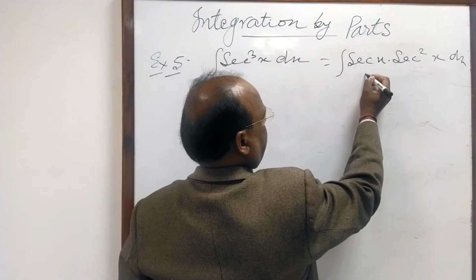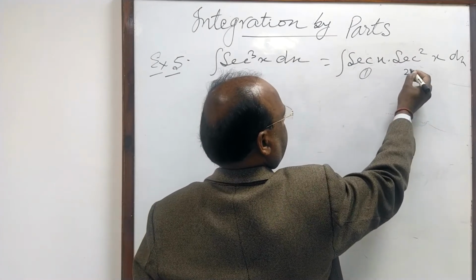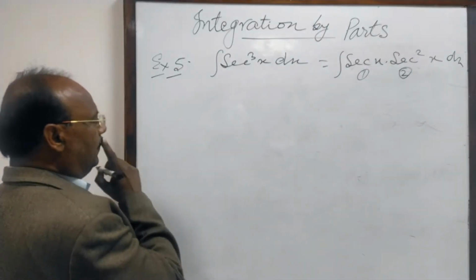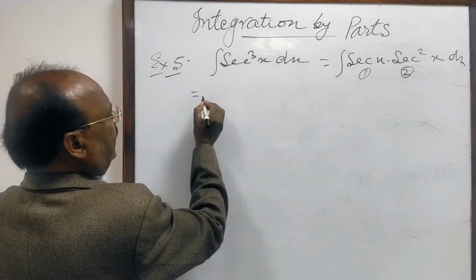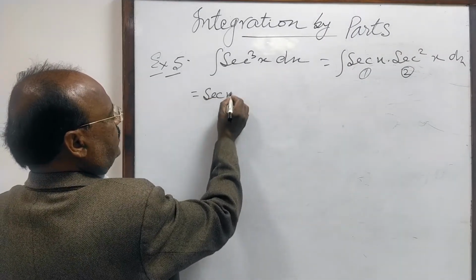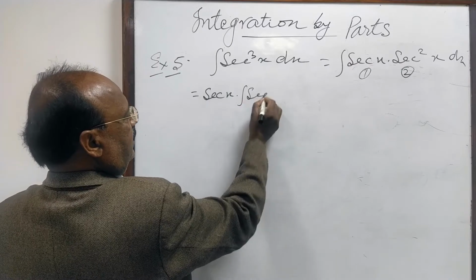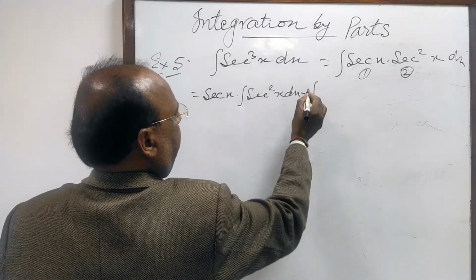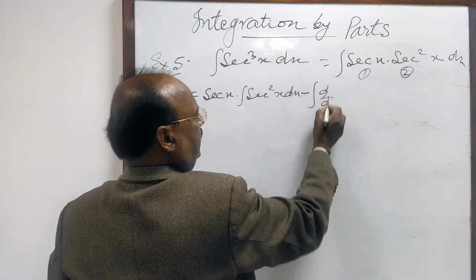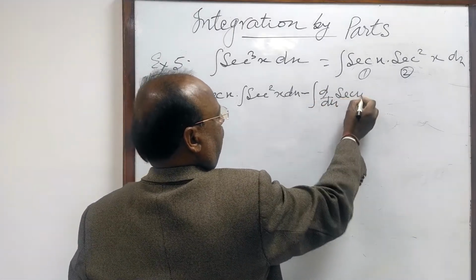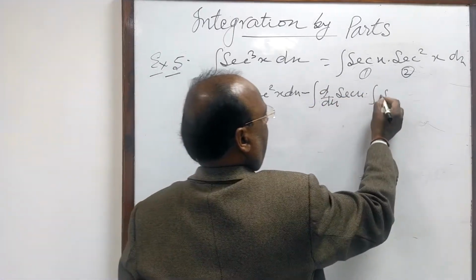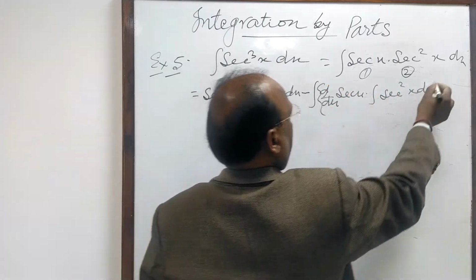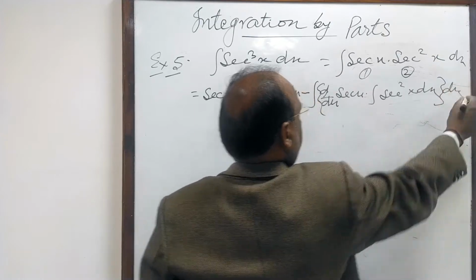And we'll take sec x as the first function and sec square x as the second function. So by the formula of integration by parts, we can write first function integral of second function minus integral of d/dx of first function integral of second function this whole dx.